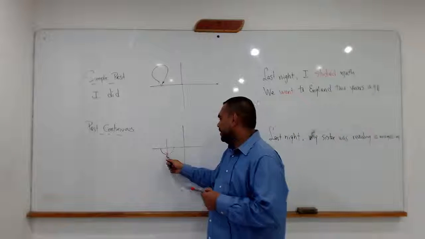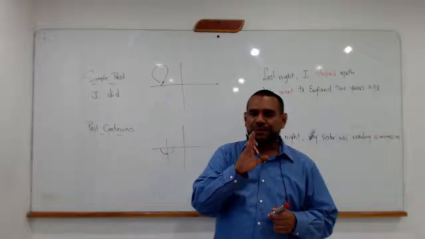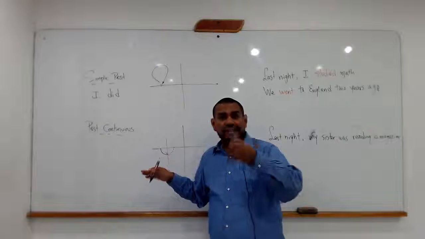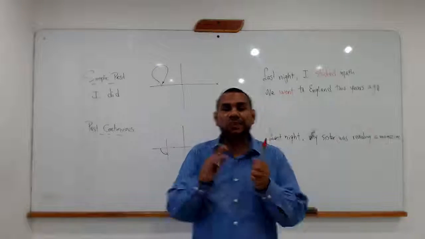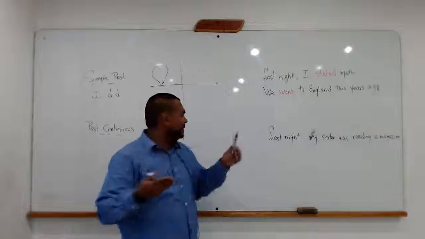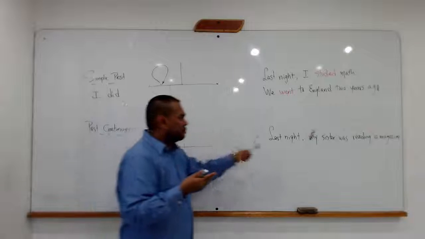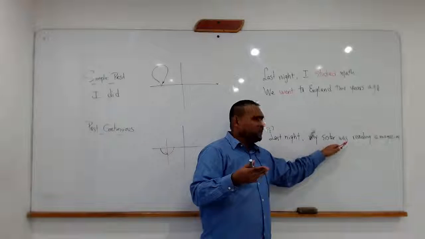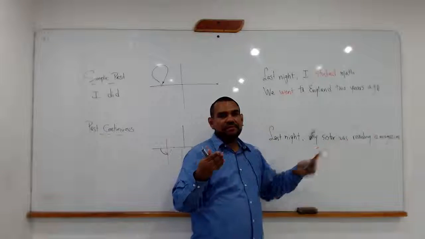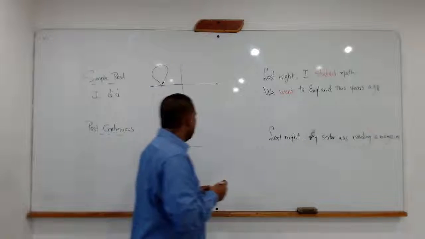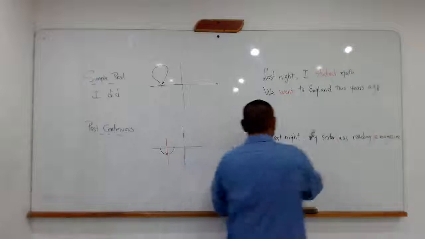My sister was here. Maybe an interruption could have taken place and the action was not finished, but maybe it was. So we don't say that, and we don't report by just the expression and the utterance of the tense that the action was finished. Last night, my sister was reading a magazine. She might have finished or she might have not finished. Okay?